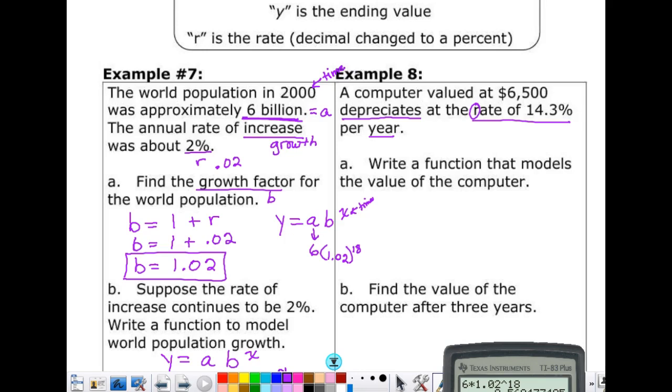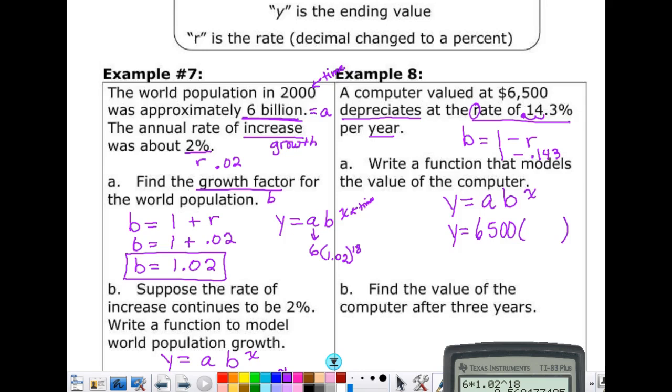Okay, so we have y equals a b to the x. That's our main equation. We got to plug stuff in. Okay, so it started out at 6,500. Now we have to figure out what the b is. Well, when it's depreciation, when it's decay, your b is 1 minus r. Okay, so we take 1 minus, and you have to move your decimal over twice, 0.143.